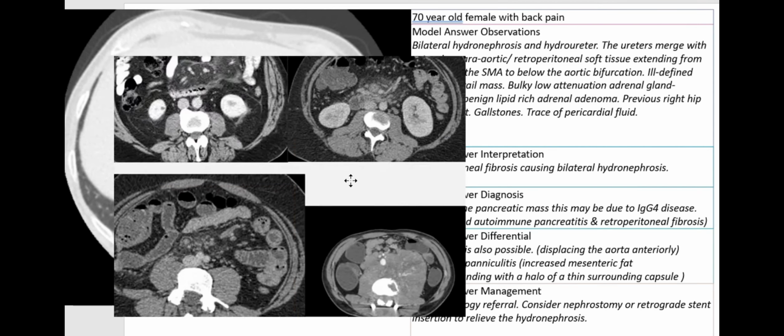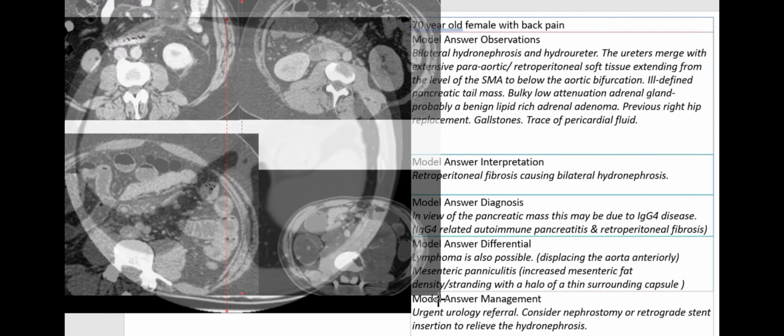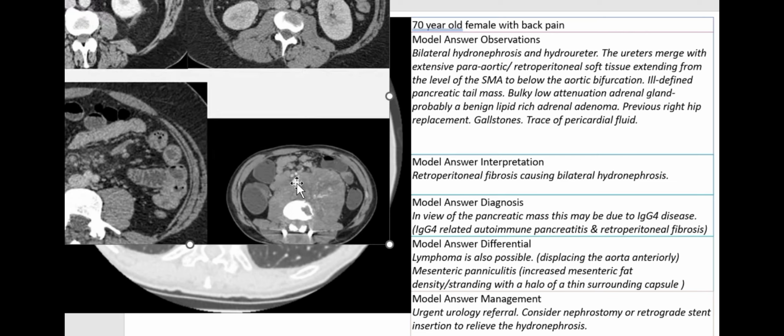However, here, can you see this case? Here, the aorta is seen displaced anteriorly from the vertebrae by a large retroperitoneal mass of soft tissue density. This is very important.